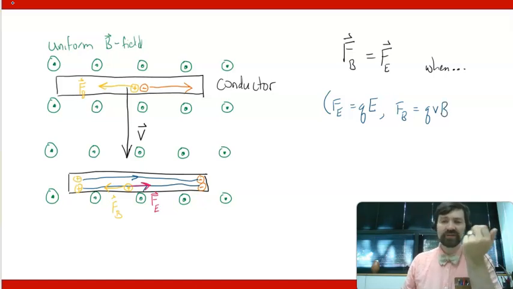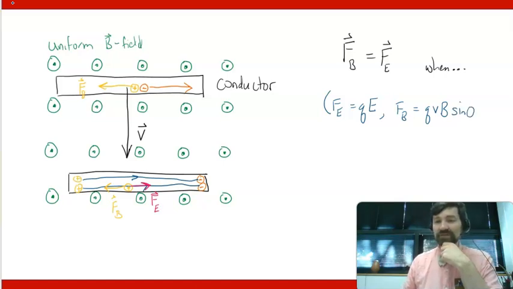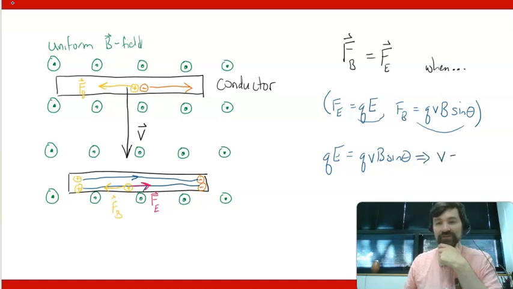Depending on the actual orientation of the field and the velocity vector, there could be a sine theta term, so we'll just throw a sine theta in there as well. So when these are equal, qE is equal to qvB sine theta, or in other words, when v is equal to E divided by B sine theta.